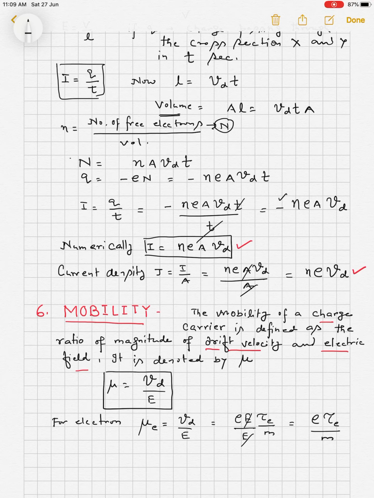So mobility of electron is independent of electric field. In this formula there is no electric field, and this mobility decreases with increase of temperature.